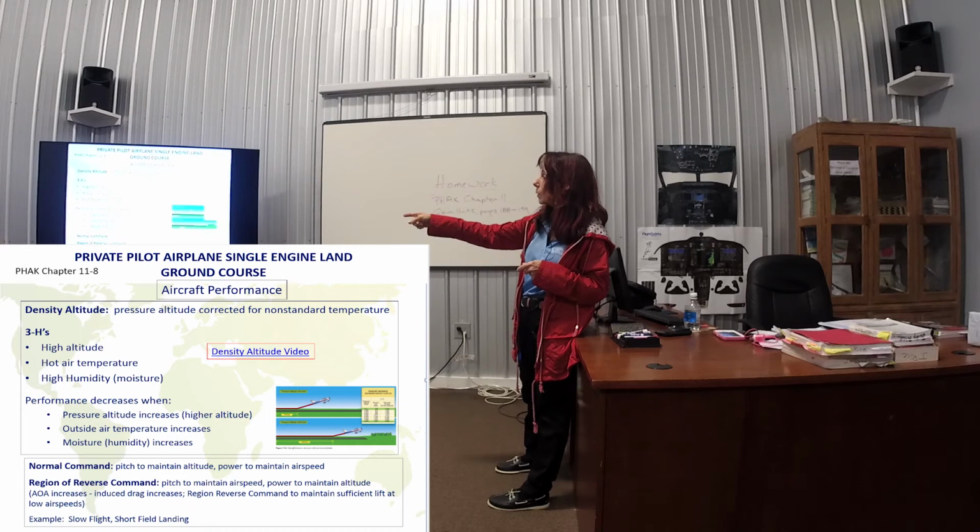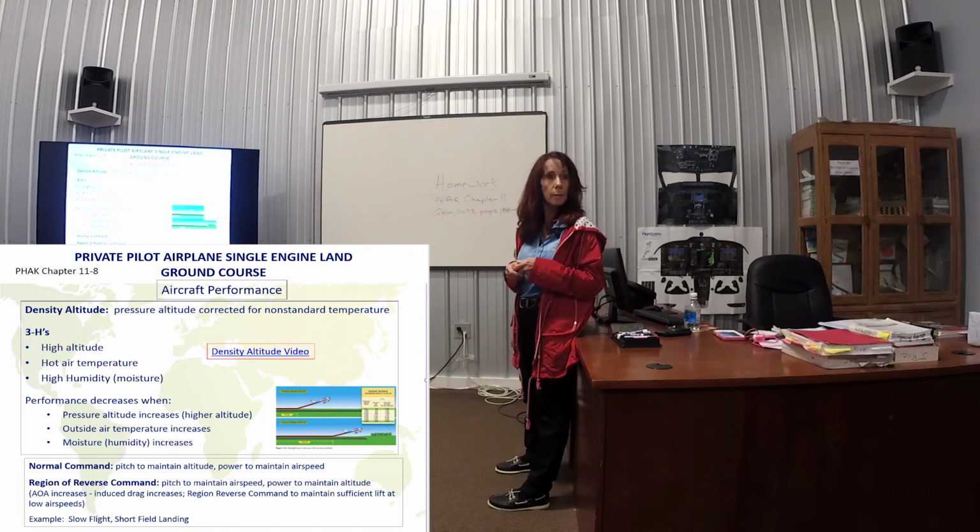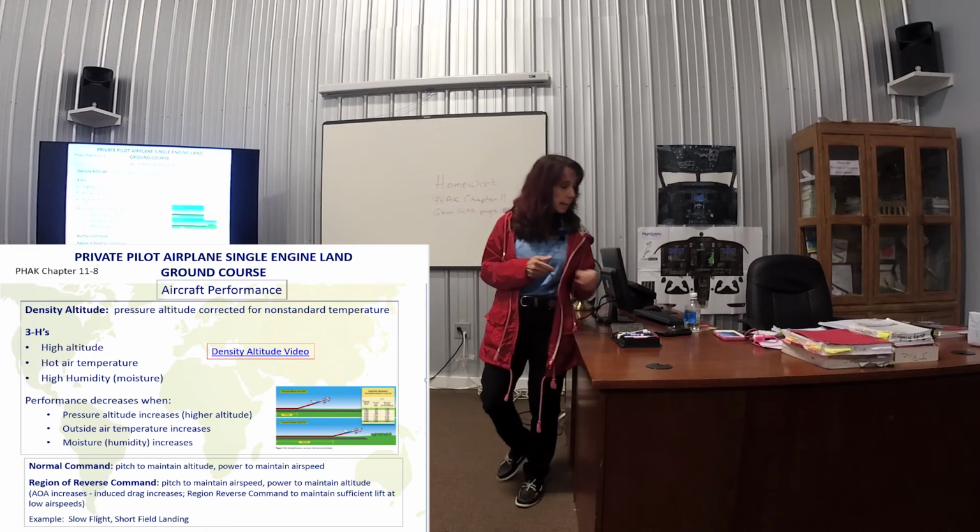Especially short field landings, but when you're landing. So that's called region of reverse command. You're going to have one student get that question on a written. So it's not that complicated.